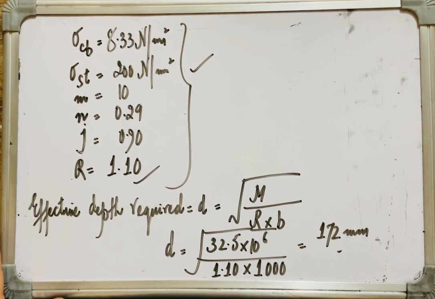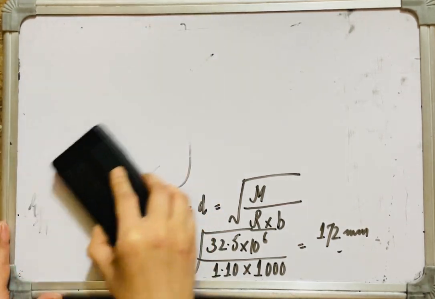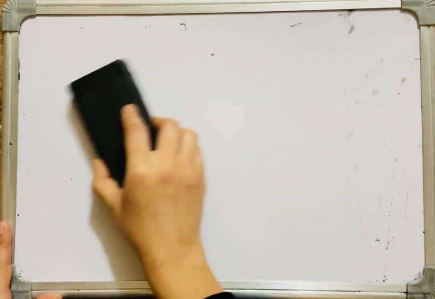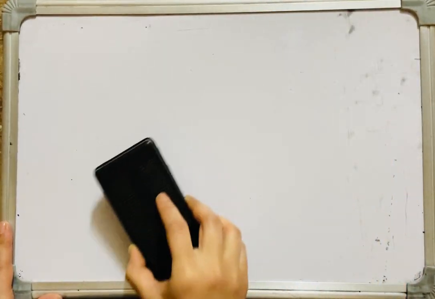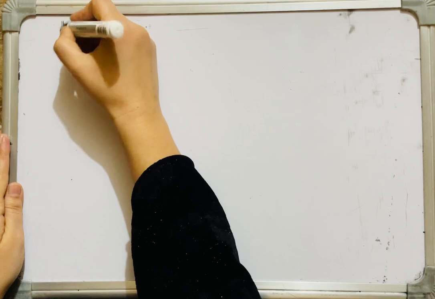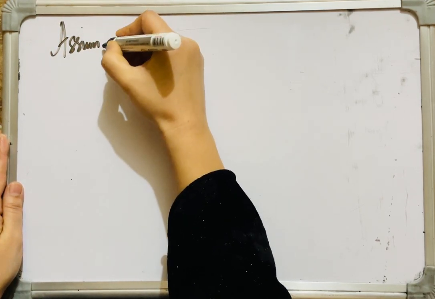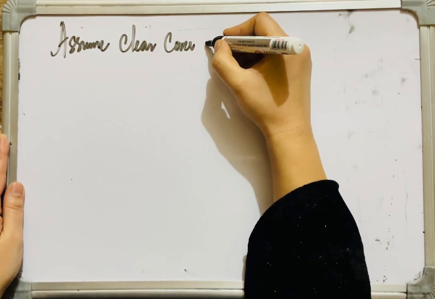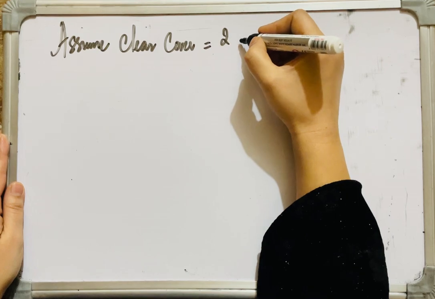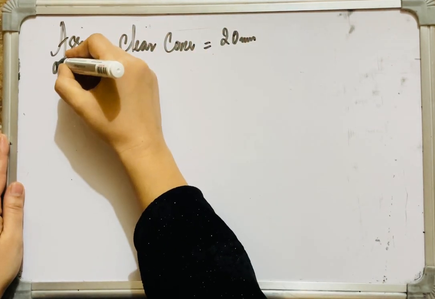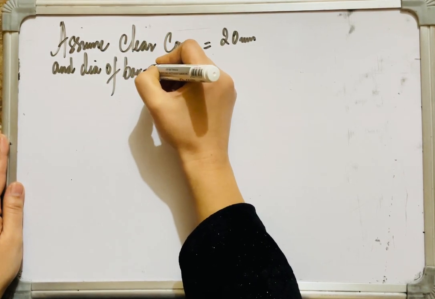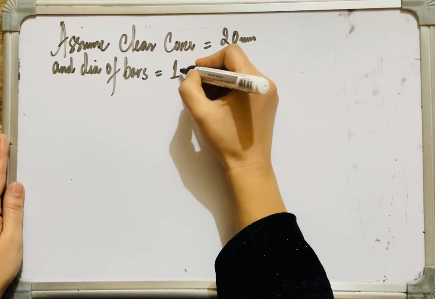After this, step by step, I have to first assume clear cover. If I assume clear cover to the reinforcement as 20 mm and the dia of bars to be used as 12 mm.